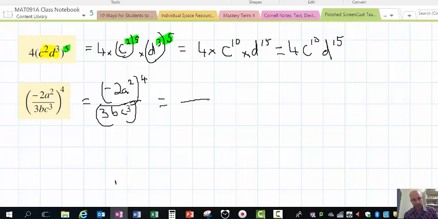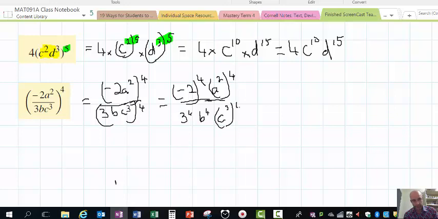What we've got is all of these things now are being raised to the power 4. So we've got negative 2 to the 4, a squared to the 4. Sorry, that should have been a 4 written there too. We've got 3 to the power 4, b to the power 4, and c cubed to the power 4. Those are all timesed together.